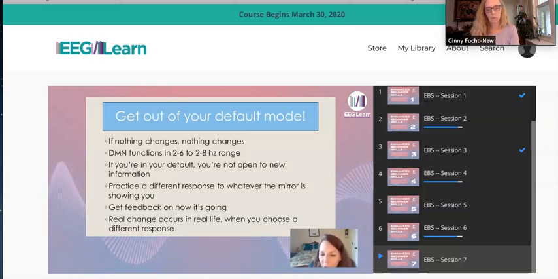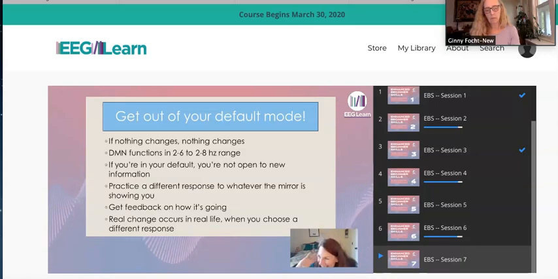in our EEG yoga class, we're definitely practicing a different way of being, but the real change occurs in real life, when the person's brain has a choice between doing it the way that it's been doing it that hasn't been working out that well, or doing it this new way it's been practicing with neurofeedback.